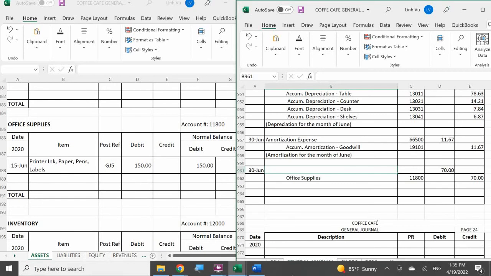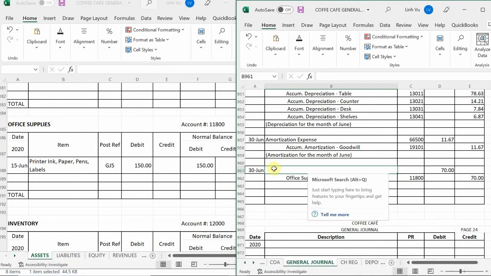When we're talking about inventory, how do I get rid of my inventory? I use the cost of goods sold, which is an expense, right? When I need to spend something for the business, that's an expense. So in this case, this is also another word to say I used. I used the office supplies, so I'm getting rid of the office supplies. So in this case, office supplies expense is going to be the account.